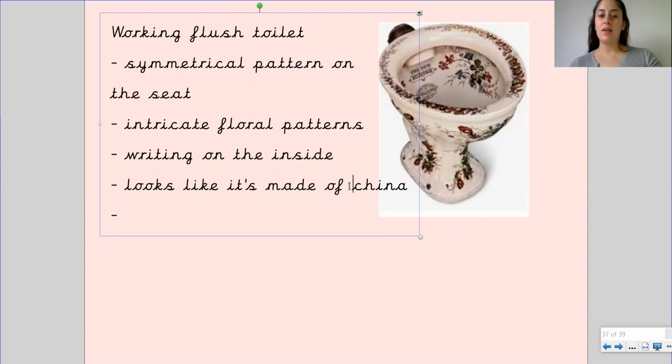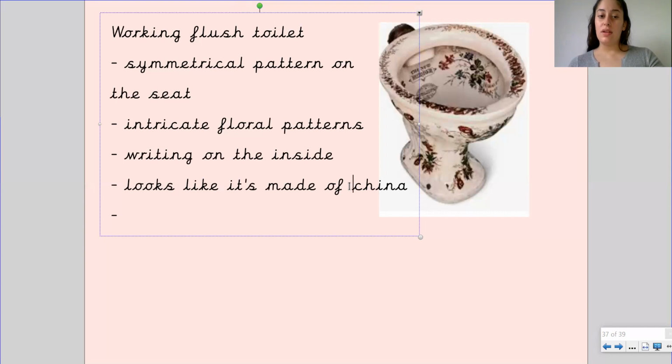Why may people be wary of you using the china? Okay, it might be quite delicate, it might be quite fragile, or it may just look like it might break easily, or it is valuable.